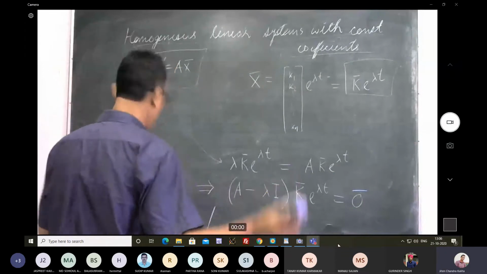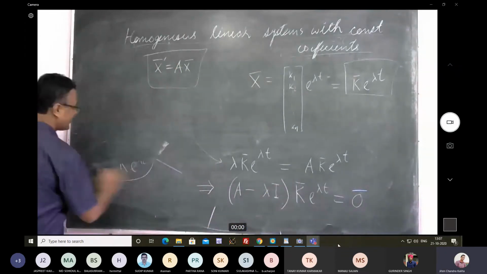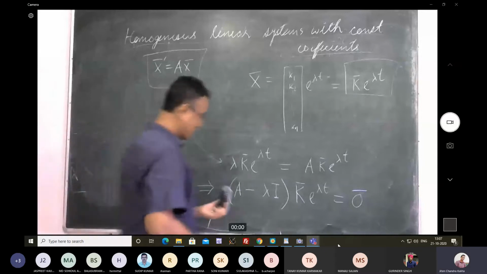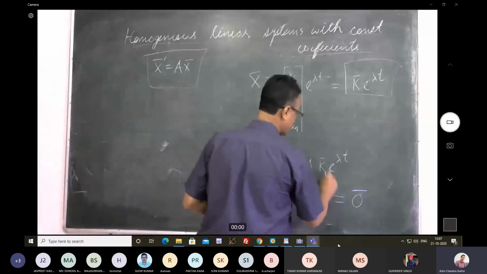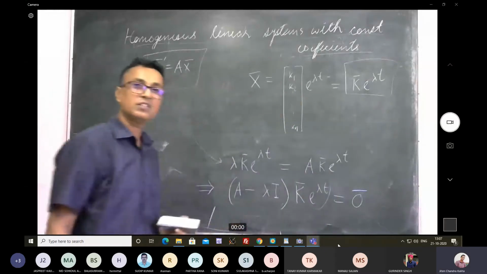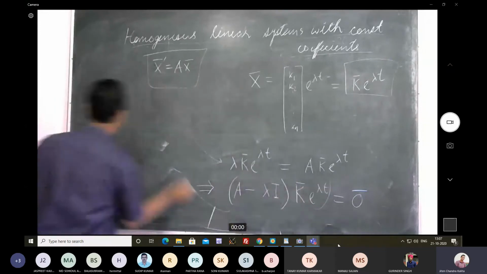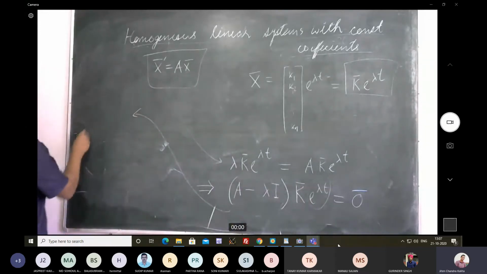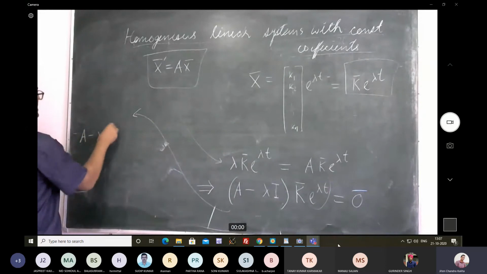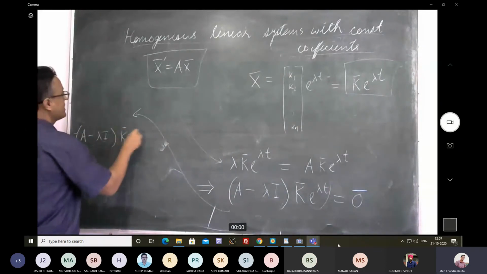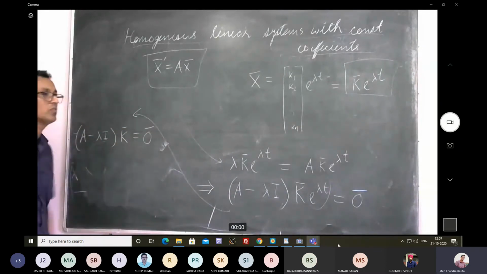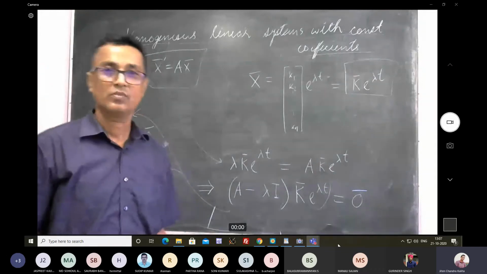Because I always know that e to the power lambda t is non-vanishing, I can write this as A minus lambda I times k equals 0. So far so good.